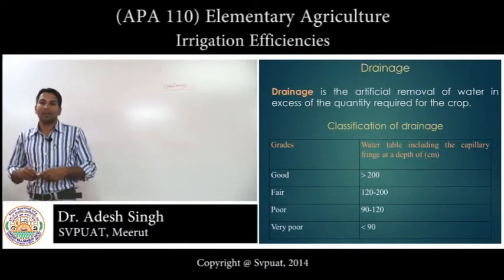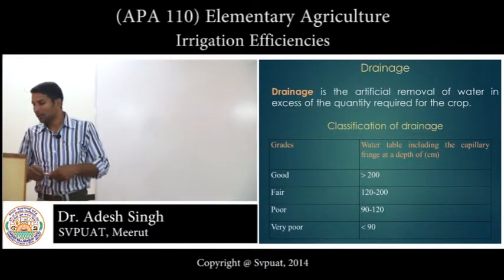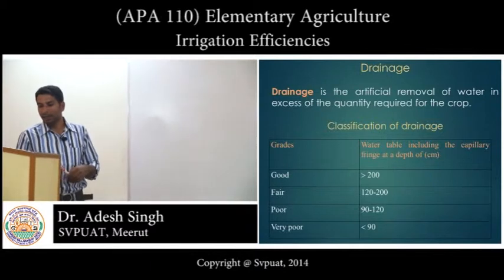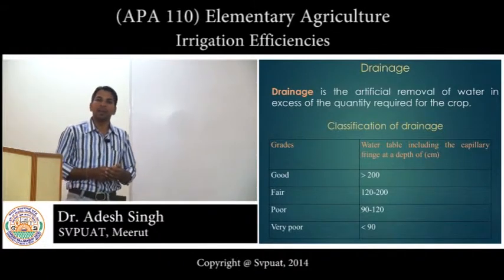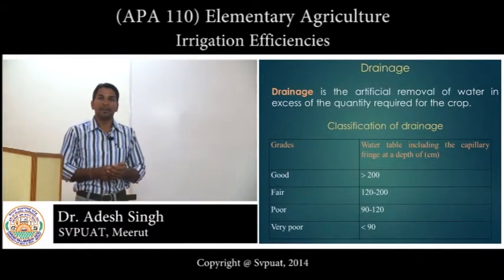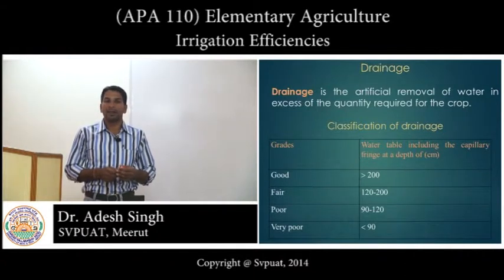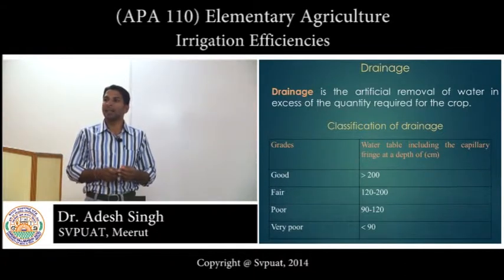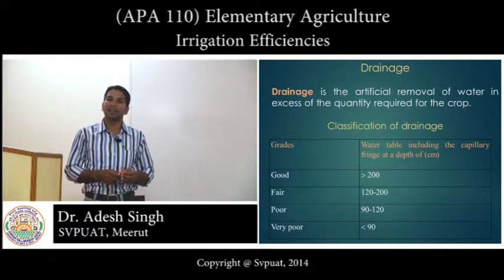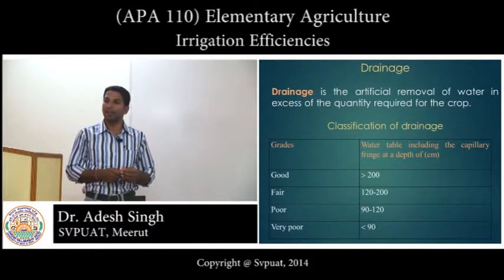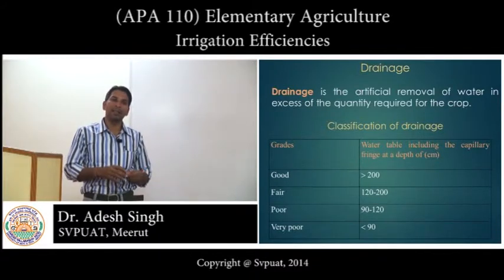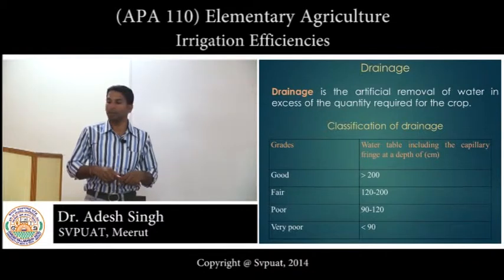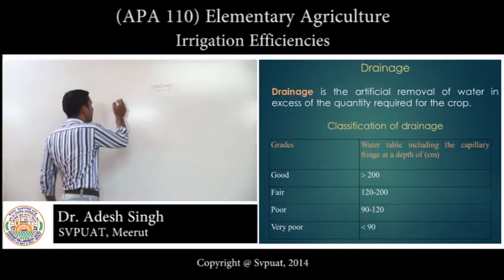So the drainage can be classified depending on the water table depth. You all know what the water table is. If a soil has a certain depth of the water table, then on the basis of the water table depth, the drainage can be classified into several classes.